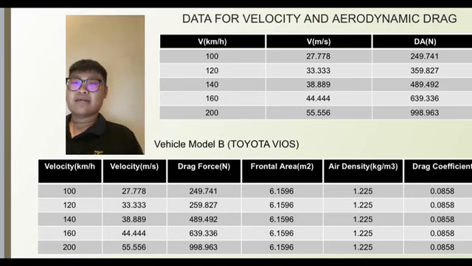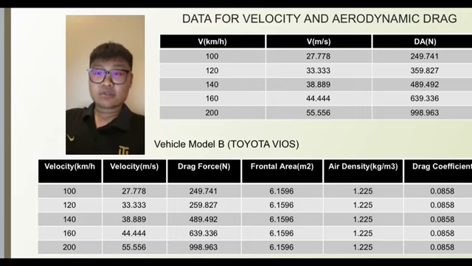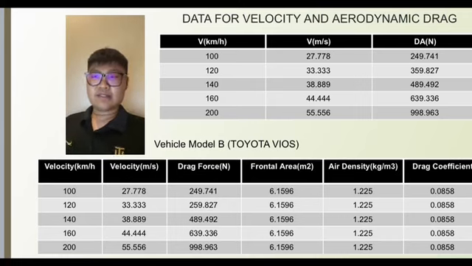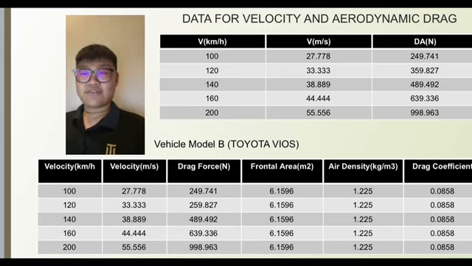The data is shown on the slide. V in km per hour is 100, 120, 140, 160 and 200, and V in meters per second is 27.778, 33.333, 38.889, 44.444, and the last is 55.556.